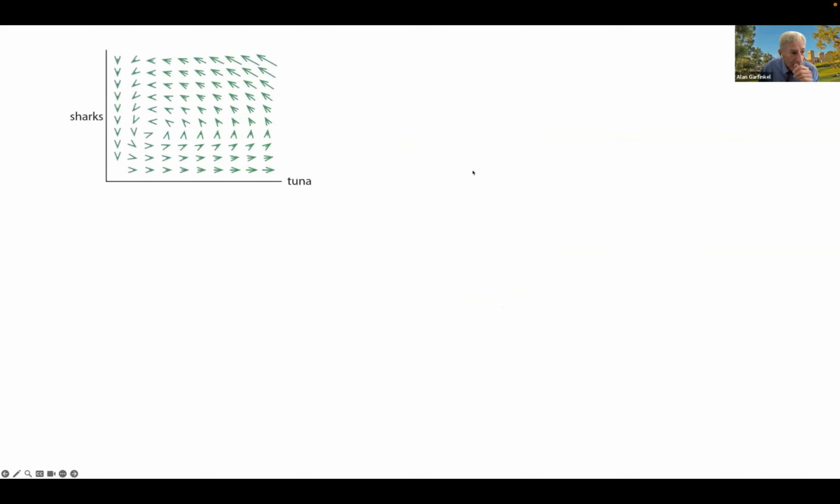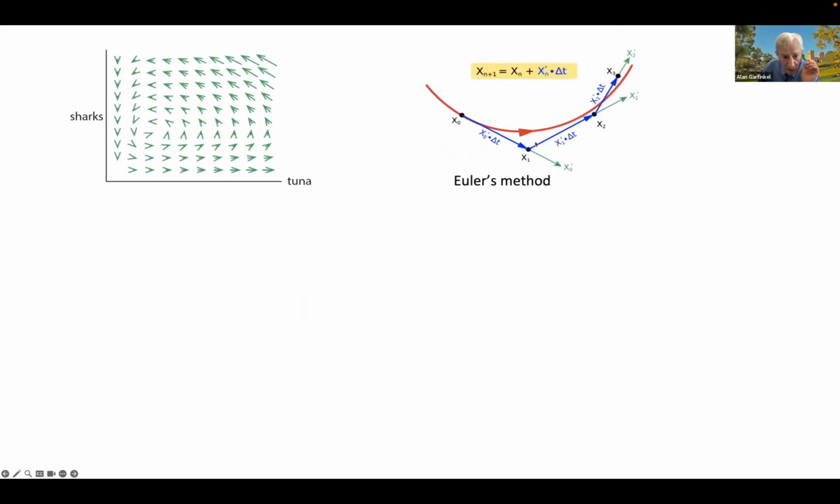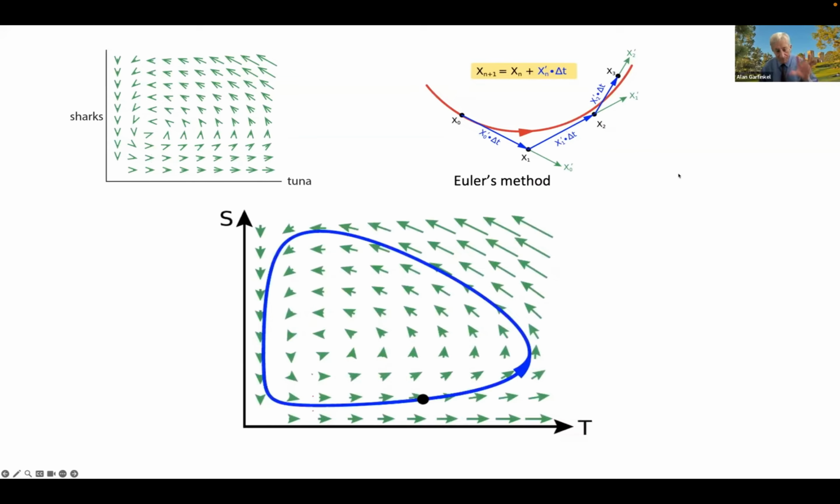Now, I traced it out with my finger, but I'm going to use a technical and more accurate method called Euler's method, which means that we take a little straight line step at every little time step. And so we approximate the curve with finite little steps.